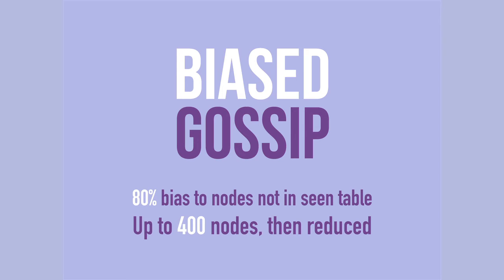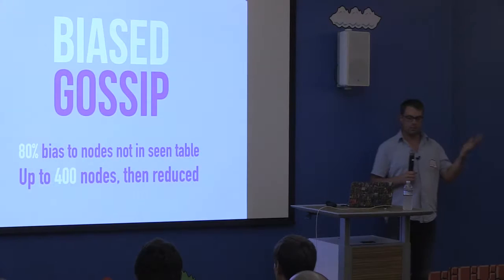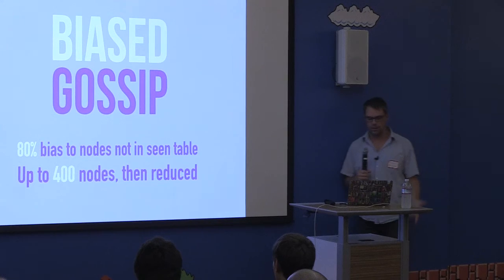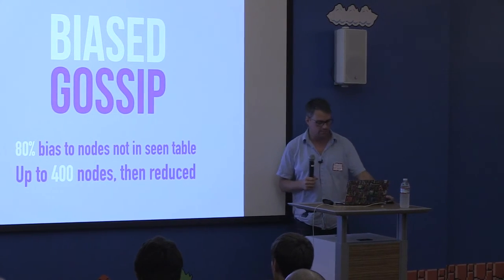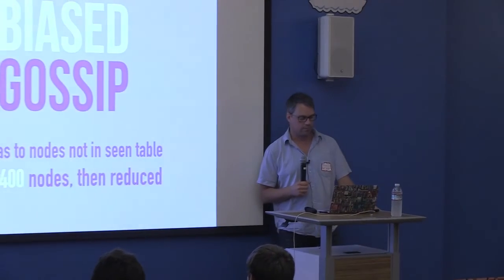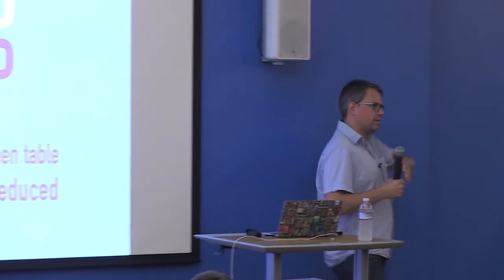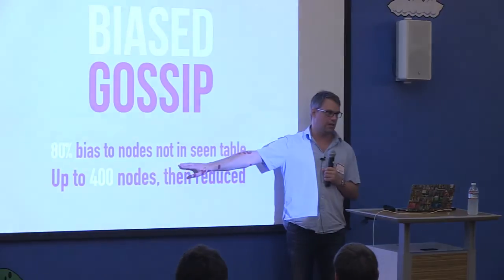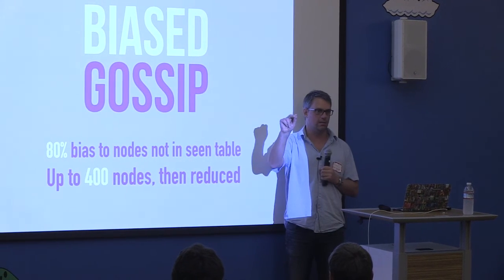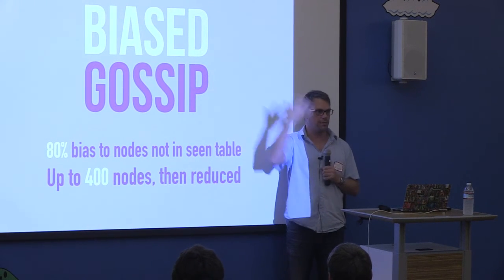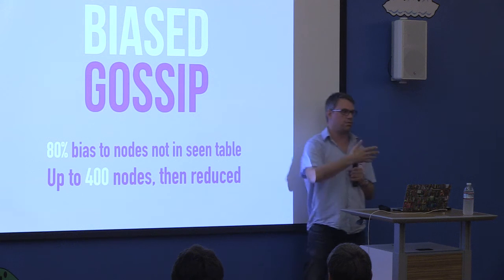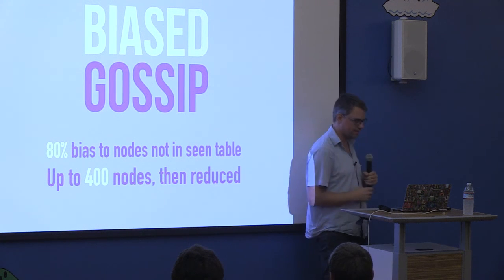One optimization that we do is what we call biased gossip. I haven't really seen that name used anywhere, but it's a way to have the whole cluster converge more quickly. We have an 80% bias to nodes that are not in the seen table. So we check the seen table, and with 80% chance we gossip to the ones that are not there, to have it converge faster.